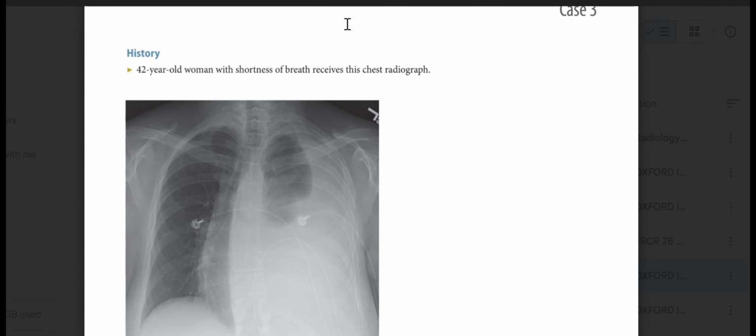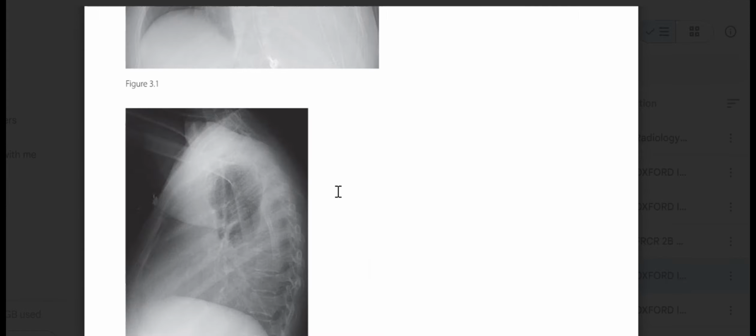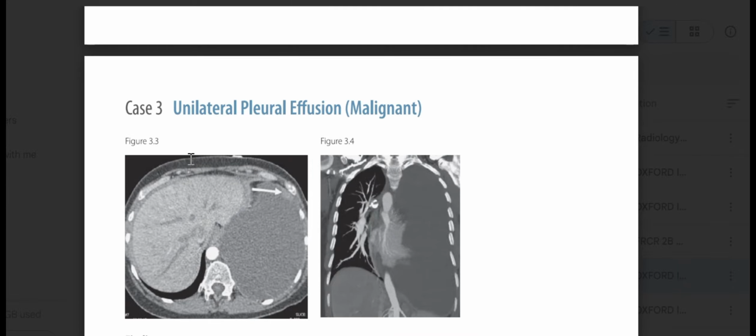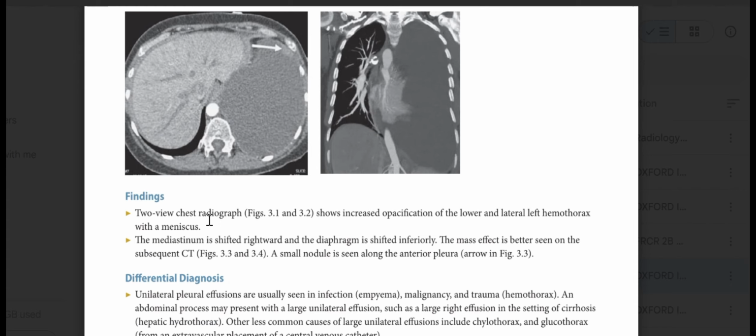So let's talk about a case of malignant pleural effusion. A 42-year-old woman with shortness of breath received a chest X-ray. This is a unilateral malignant pleural effusion.